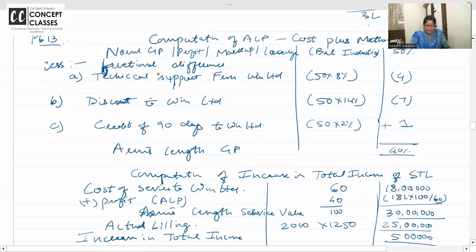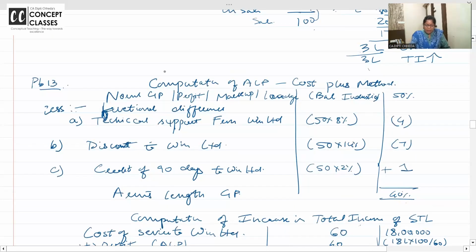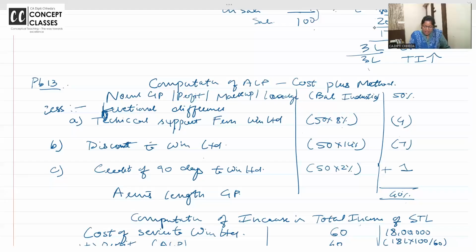13th problem answer. My normal GP is 50%, but sister concern is giving technical support 50 का 8%, तो मार्जिन कम हो जाएगी. डिस्काउंट दे रहे हैं तो मार्जिन कम हो जाएगी. See, once again, when we are selling to the sister concern, then they are giving the technical support that will reduce the profit.